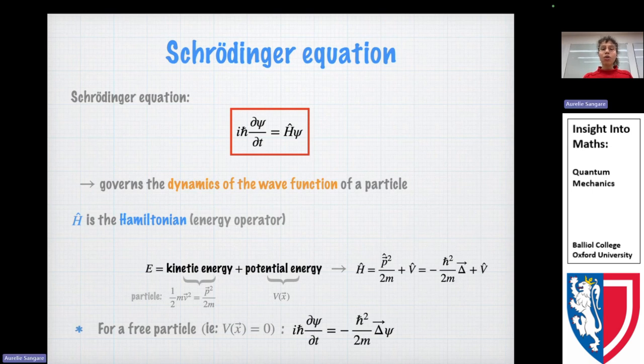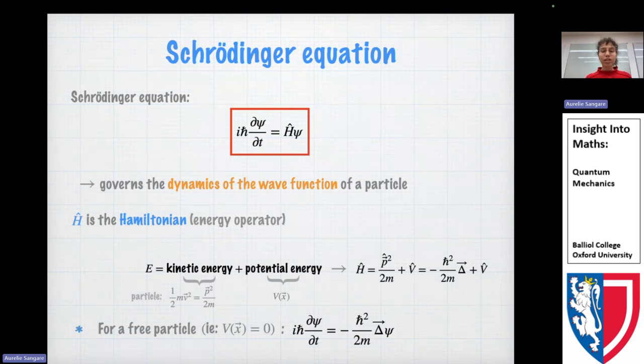And when you integrate this equation, the solution psi that you will get depends on H hat acting on psi. So that's why we can say that the Hamiltonian operator really dictates the dynamics of the wave function of your particle.